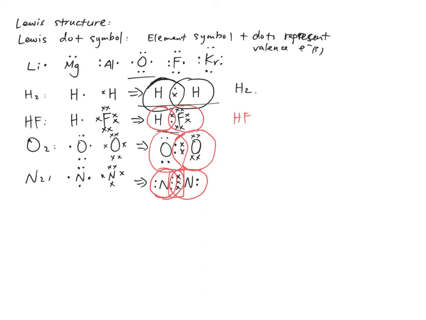Now, what if my molecule has 6, 7, 8 different elements, all bonded together? Are you going to find 6, 7, 8 different dot symbols and play with all of this? No, that's too much trouble. I'm not here to waste time on that. So this is where people realize that maybe I don't need to use these dots.